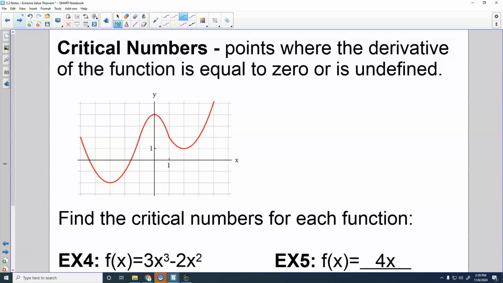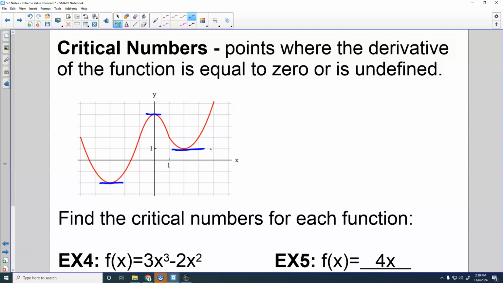So critical numbers are points where the derivative of the function is equal to 0 or is undefined. Okay? So if we look at this graph that I have here, where would my tangent line have a slope of 0? Maximum, minimum points, right? So like right here, and right here. I'd have 3 spots where my derivative would be 0 because the slope of my tangent line would be 0.